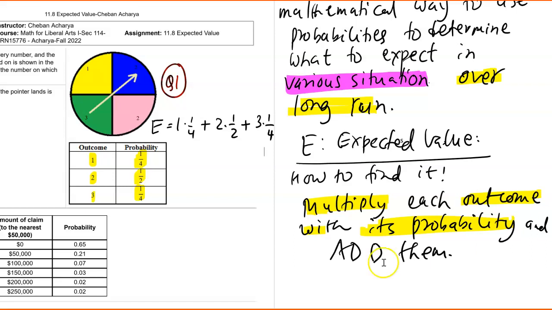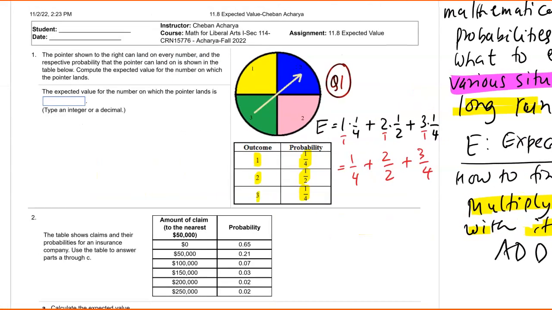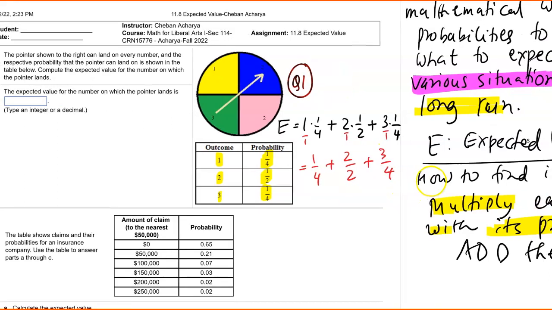How do you simplify this? Each whole number you put over 1 and multiply the tops: 1 over 4 plus 2 over 2 plus 3 over 4. You can divide using a calculator to find the answer.